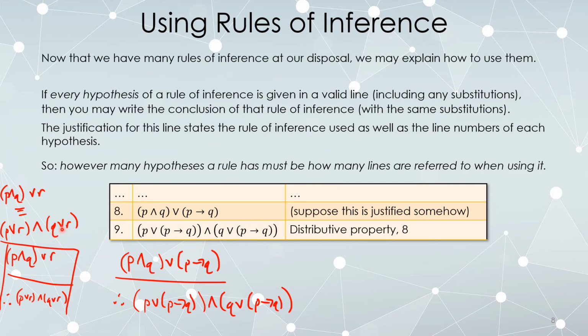So we took one of our distributive properties, interpreted as a rule of inference, including a substitution. I now refer to this line as the hypothesis in line 8. And since I have this hypothesis, I am allowed to write this conclusion. So I have written that conclusion justified by saying I applied the distributive property to line 8, and that's exactly what we did.